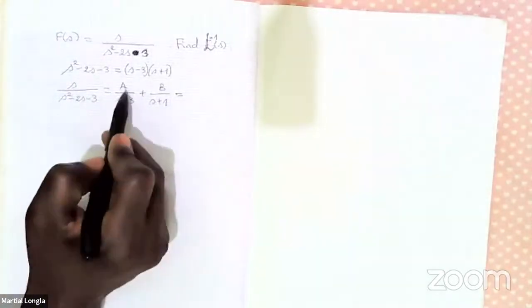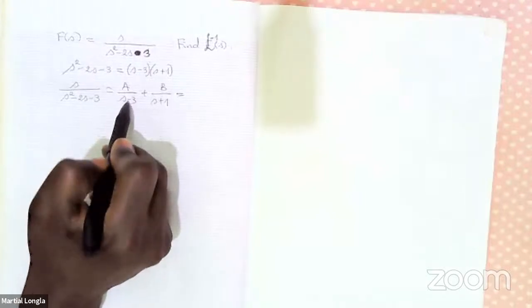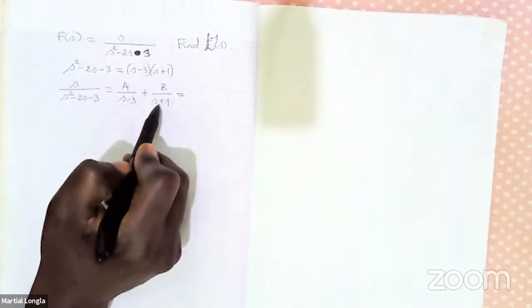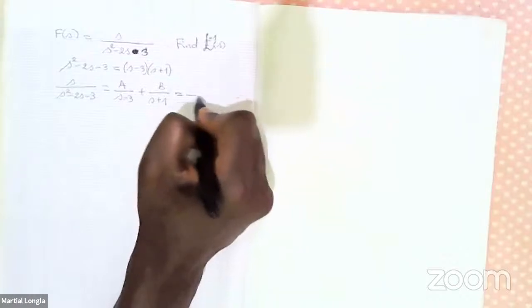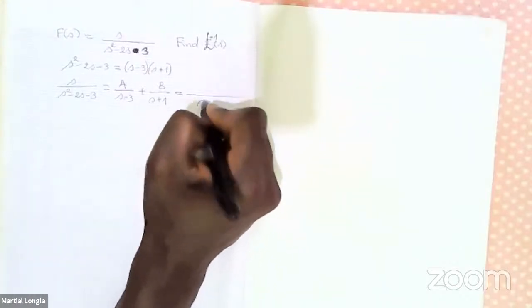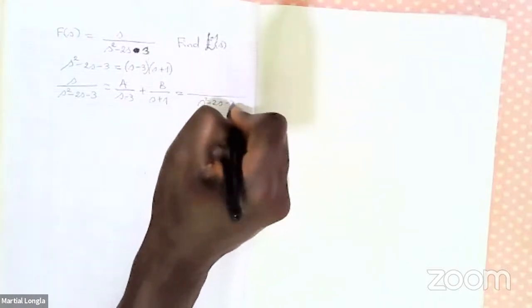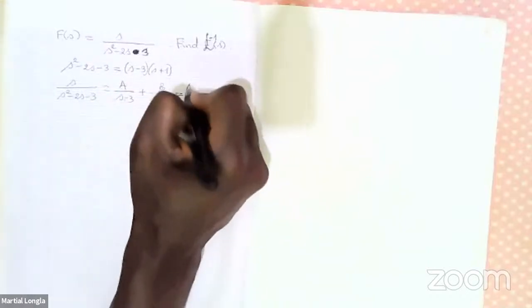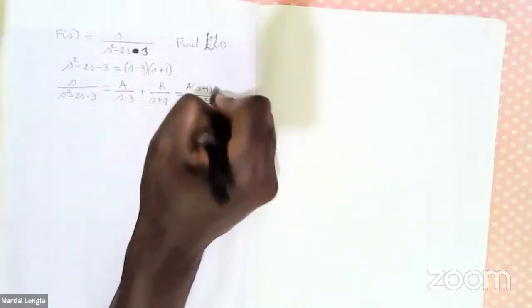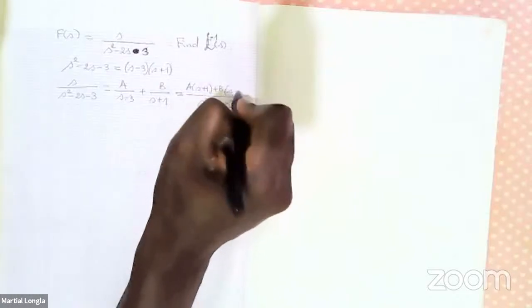And now you do what we just did in the other one. Bring them to the same denominator. Multiply this one by S plus 1, that one by S minus 3, and add them. So you get S squared minus 2S minus 3 on the bottom, and on top you get A times S plus 1 plus B times S minus 3.